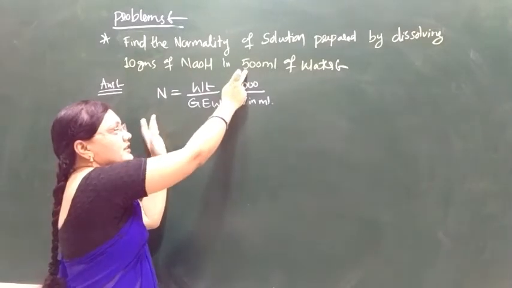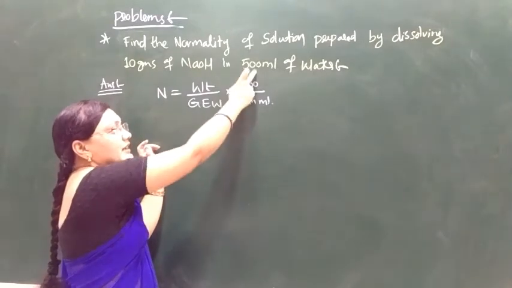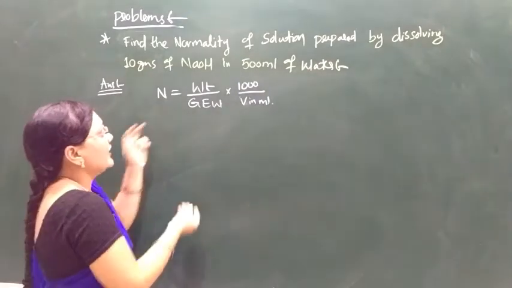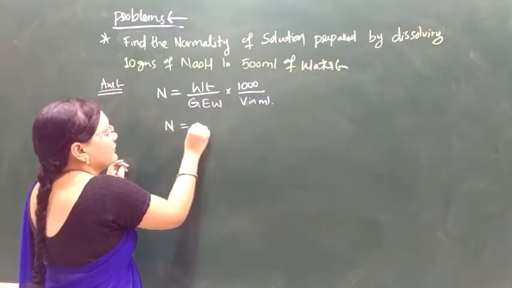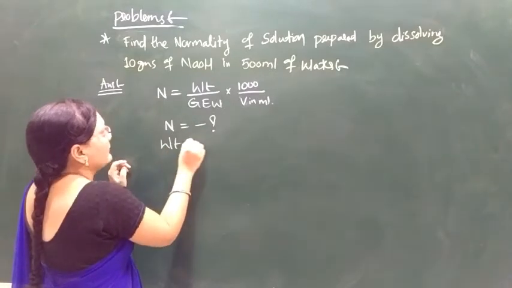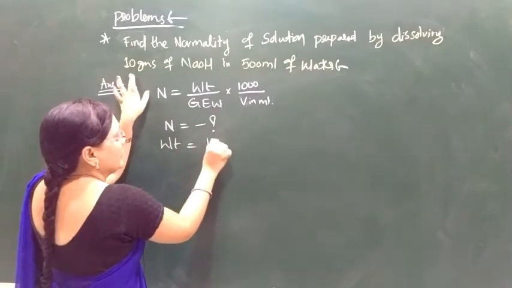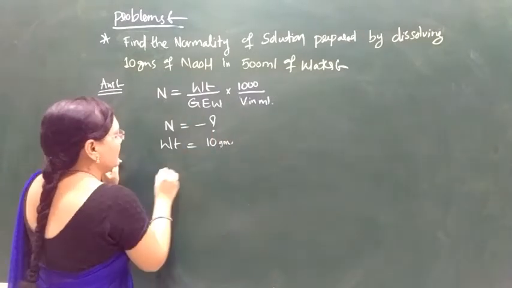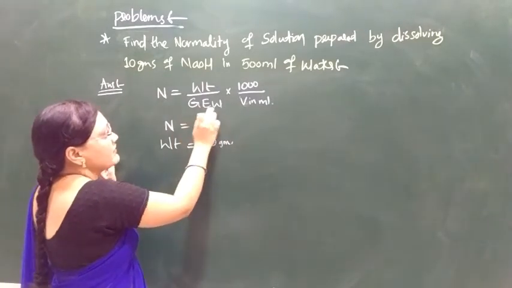In liters it is 1 by V; in milliliters it is 1000 by V in milliliters. Normality we don't know. Weight equal to 10 grams, and GEW is gram equivalent weight.